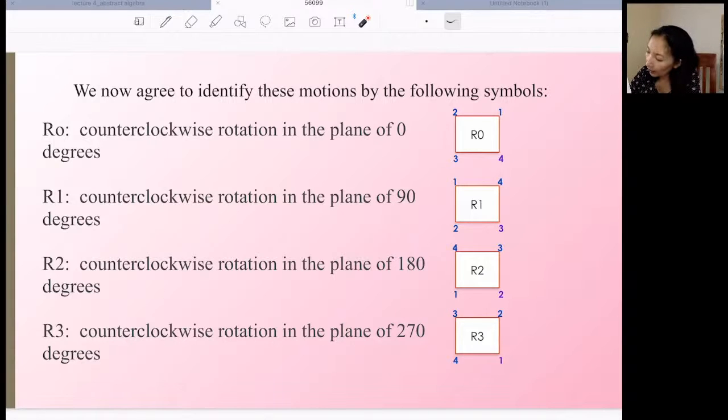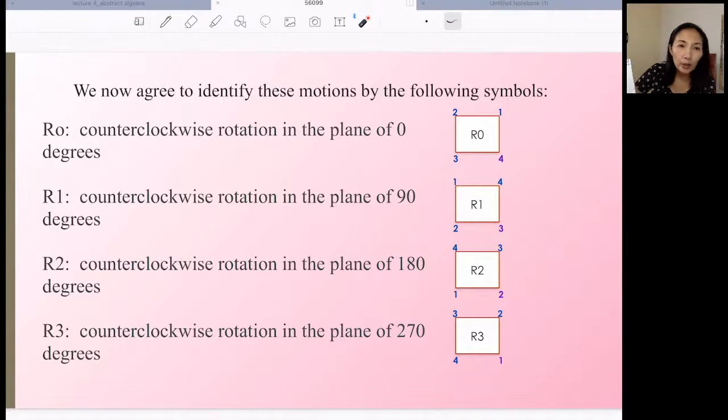From R2, another counterclockwise rotation by 90 degrees. What happens to the vertices? 4 will now be below. 3 will take the place of 4. 2 will take the place of 3. And 1 will take the place of 2. So that's R3.